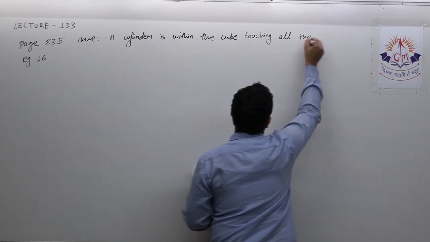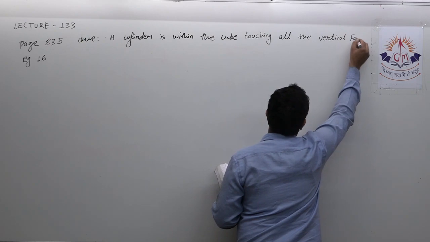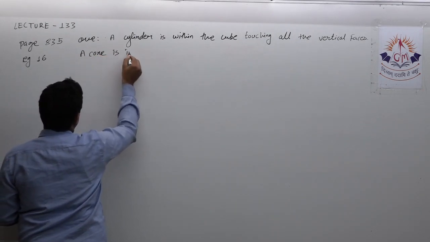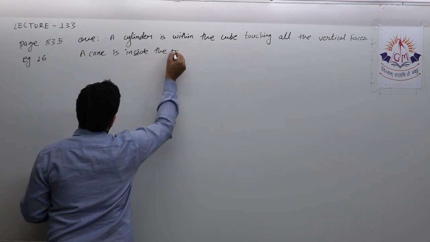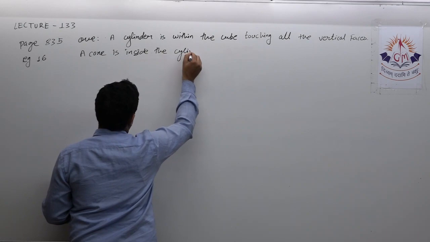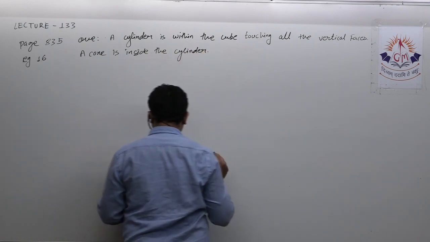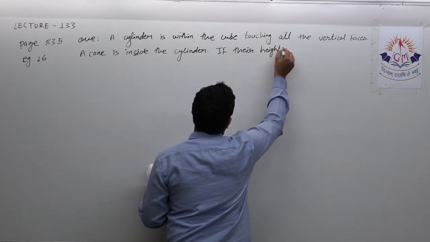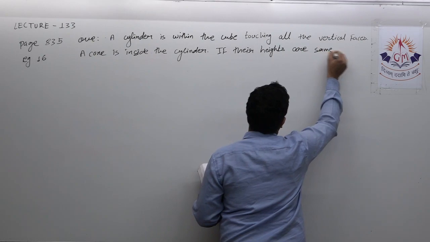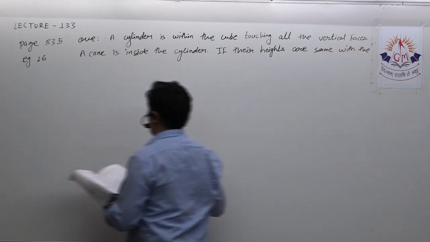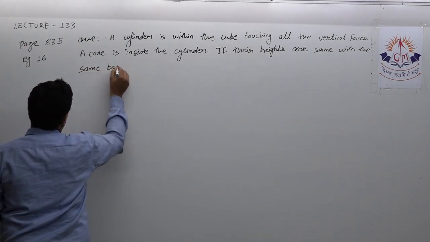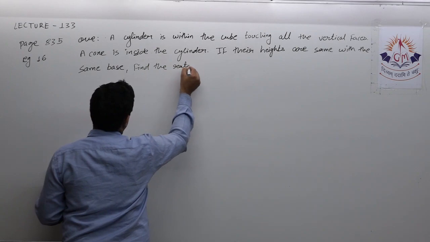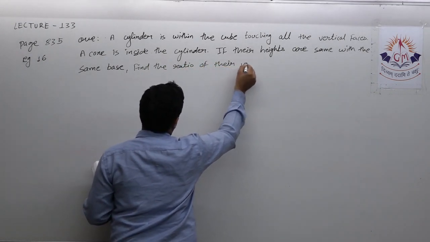A cone is inside the cylinder. If their heights are same with the same base, find the ratio of their volumes.